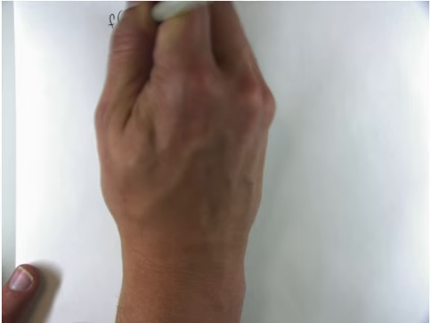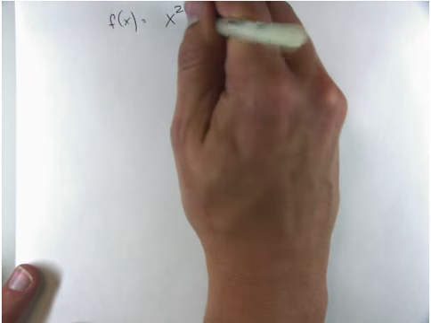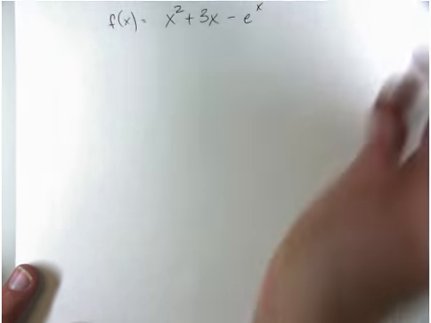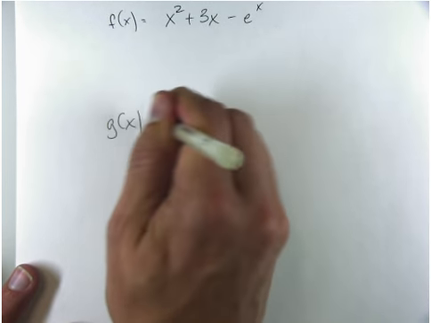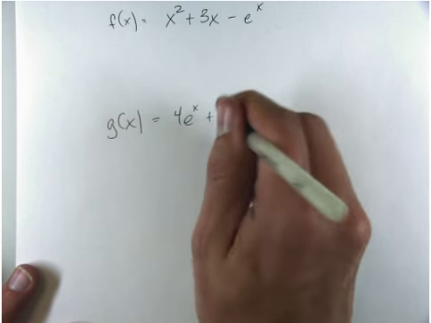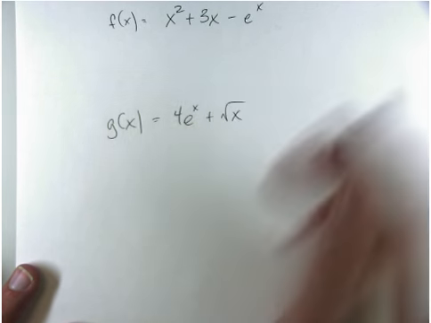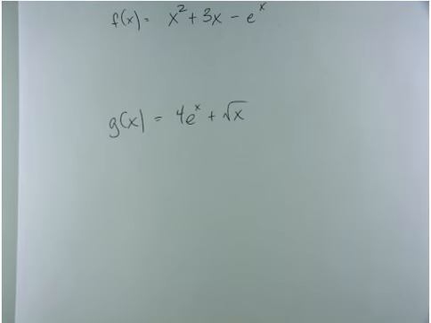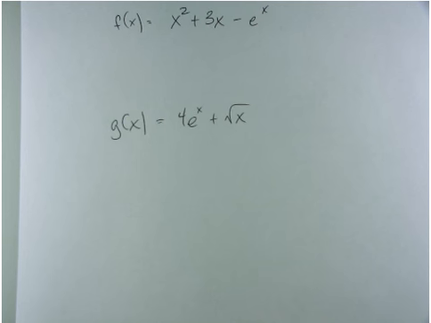We can now consider things like this. f of x is x squared plus 3x minus e to the x. Or g of x equals 4 e to the x plus the square root of e to the x.